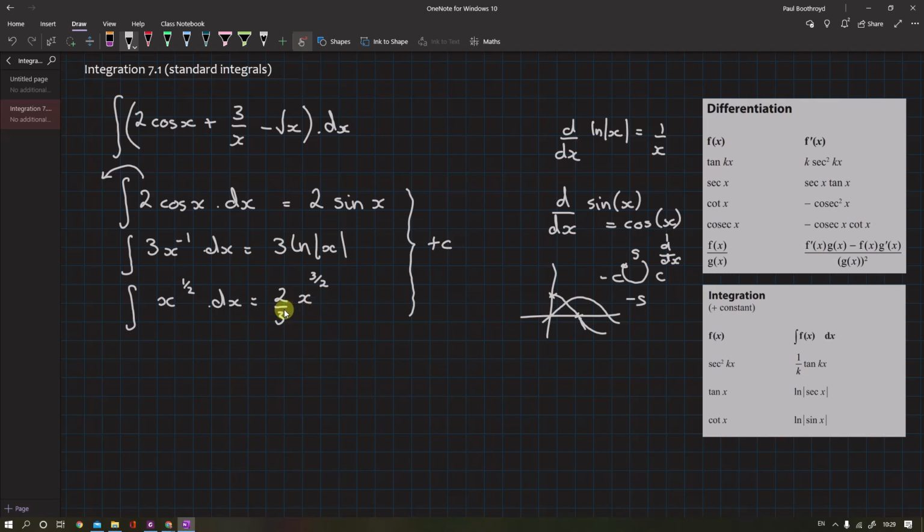So there's my 3 terms, and my final integral is going to be 2 sine of x plus 3 the log of modulus x, and this is a modulus function, not just a bracket, minus, this term has been subtracted, minus 2/3 the square root of x cubed, and a constant on the end for the whole expression.